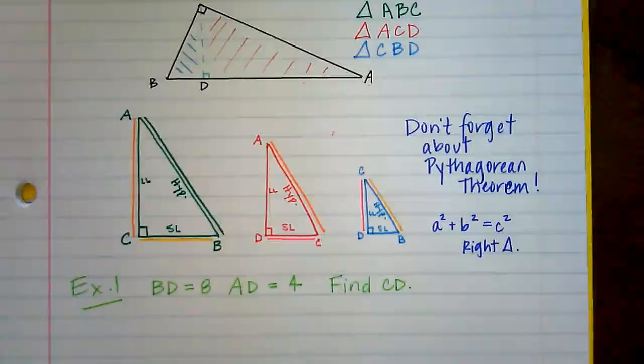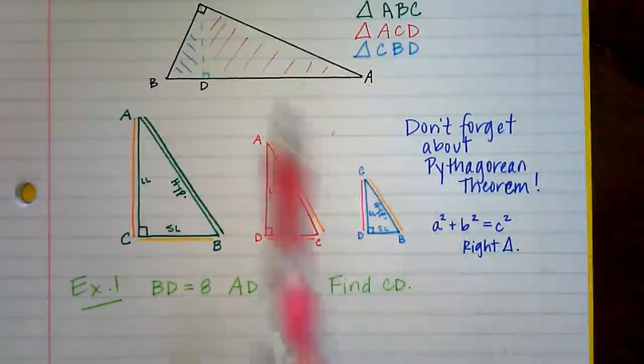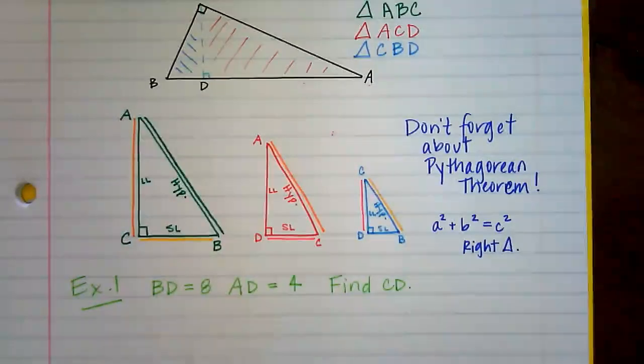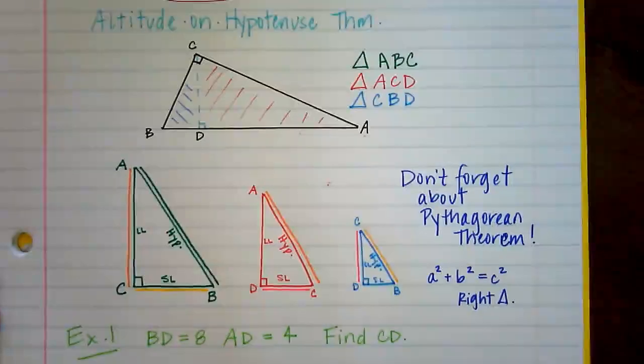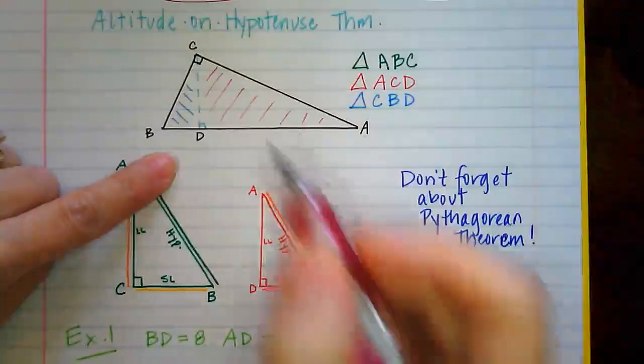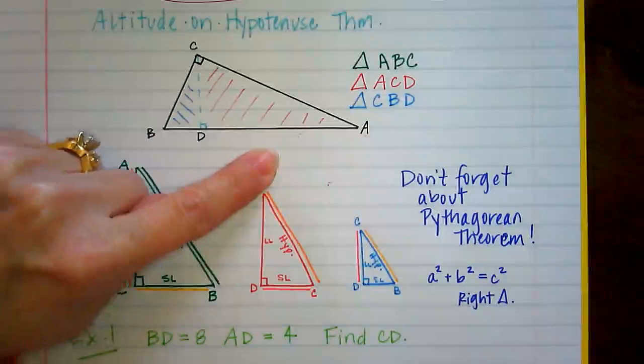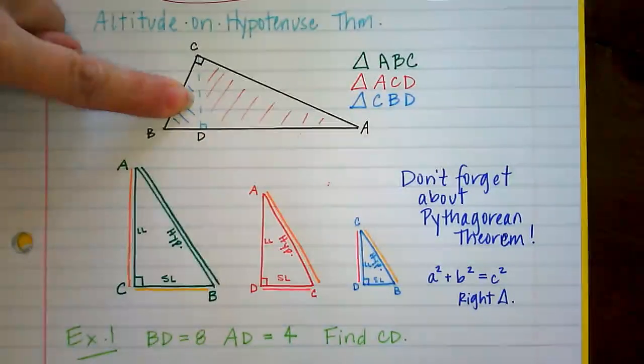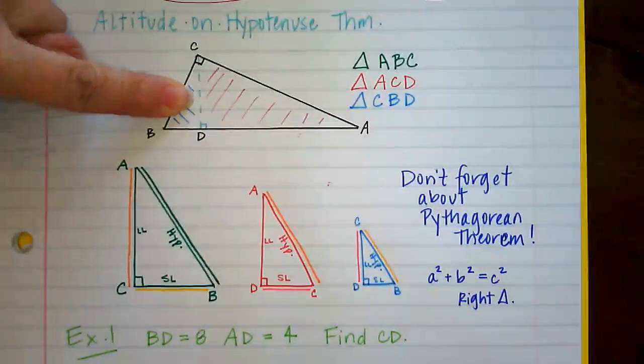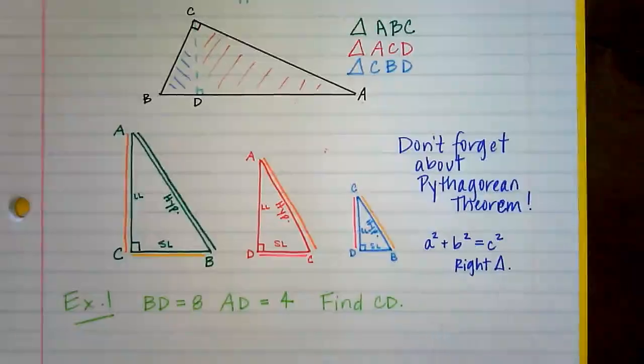First thing, here's your first lesson in geometry problems: never drawn to scale. So just pretend that it makes sense. It doesn't at all, but just pretend it does. All right, so here's what we know. I'm going to go back up to this picture. I know that BD is 8, I know AD is 4, and I'm looking for this side, CD, right there. Okay, so I'm going to go to these three triangles.